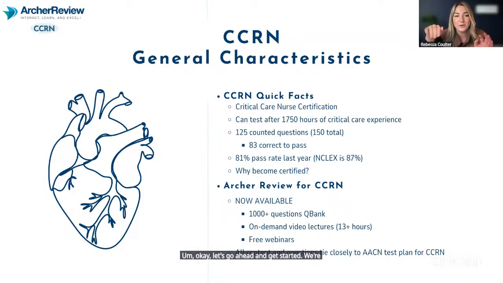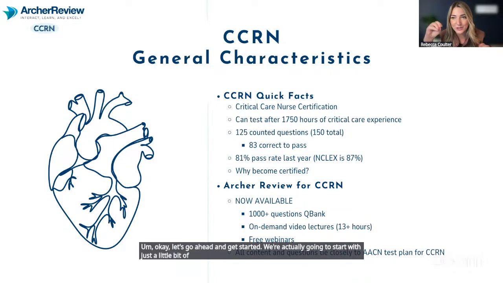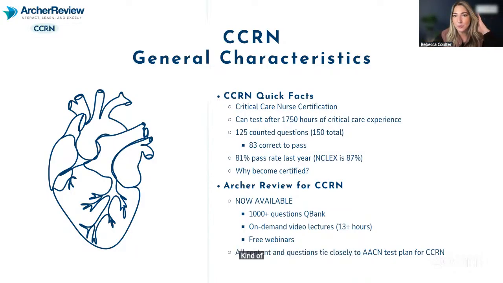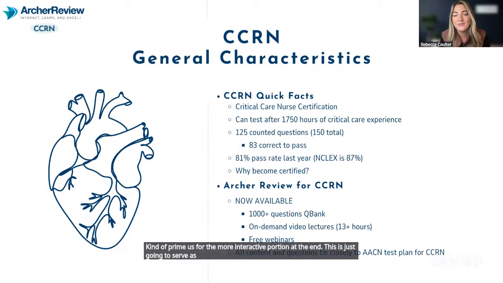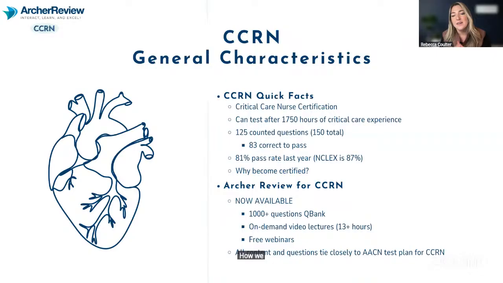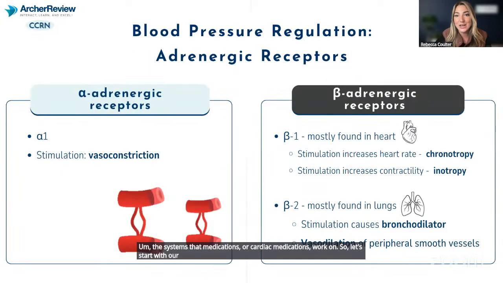We're actually going to start with just a little bit of lecture material to prime us for the more interactive portion at the end. This is just going to serve as a review of the anatomy and physiology behind the systems that our cardiac medications work on. So let's start with our adrenergic receptors and what they do.